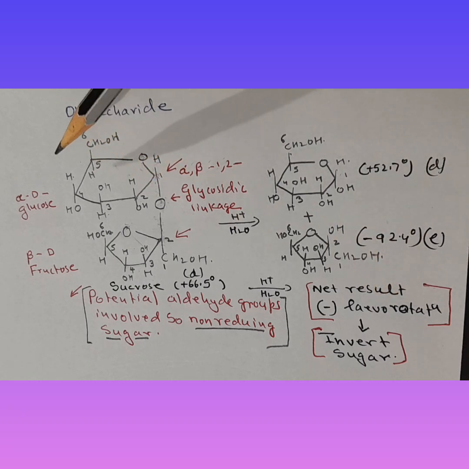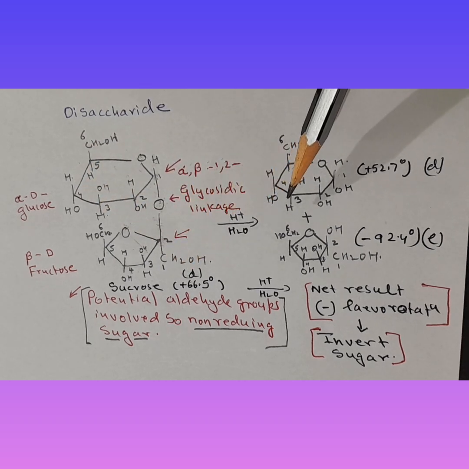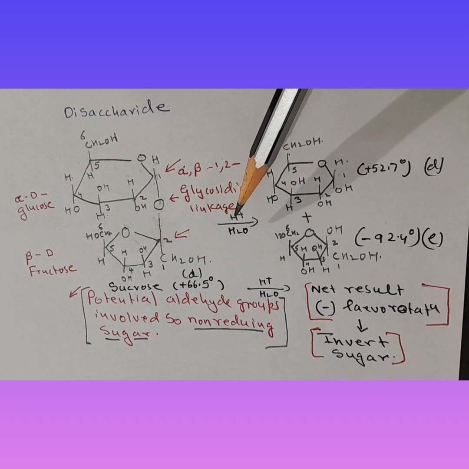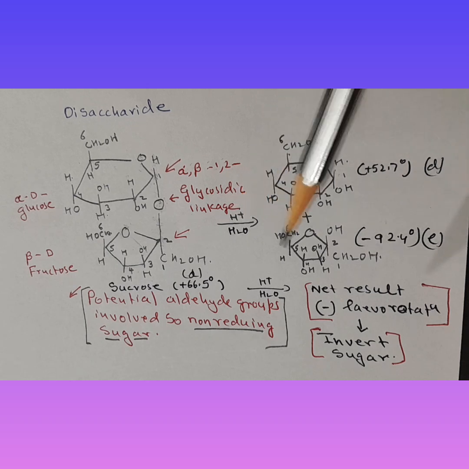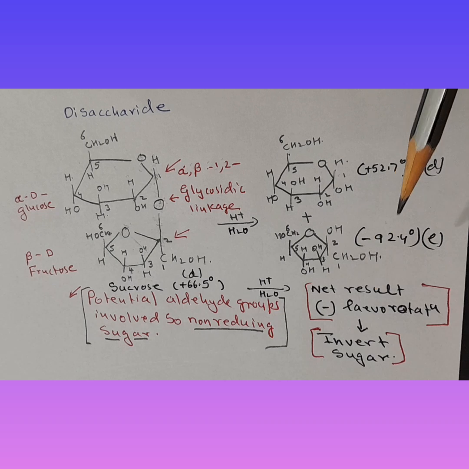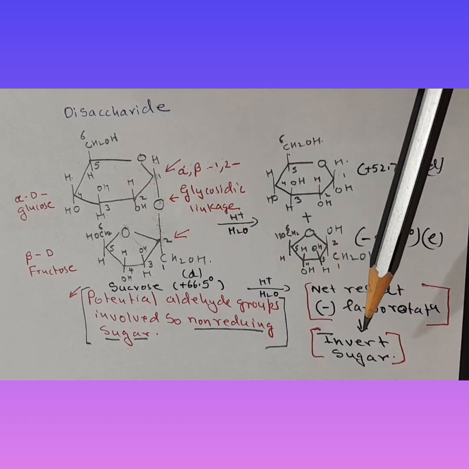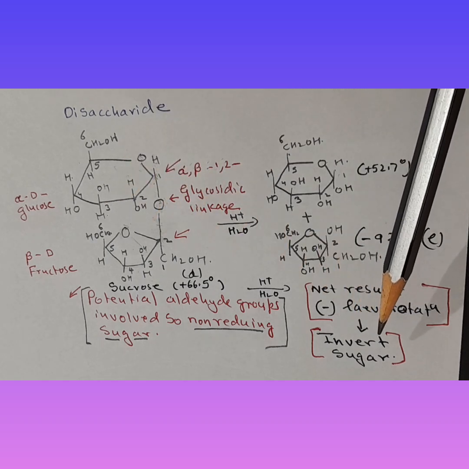So what we found is that sucrose, which was dextrorotatory, on dissolving in acidified water changed to levorotatory. Why? Because of individual rotations. On summation of individual rotations, we get a net result of levo, and this is the reason why we call it invert sugar.